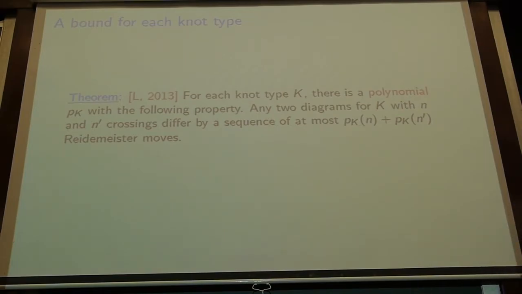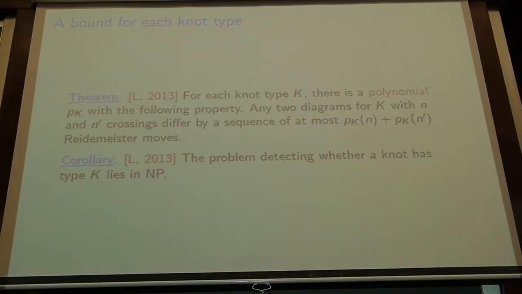So it says that if you fix your knot type, then somehow the space of all Reidemeister moves for that knot type is not quite as bad as we thought. This has an algorithmic consequence: for each knot type K, the algorithmic problem of deciding whether a diagram represents that knot type is in the complexity class NP.